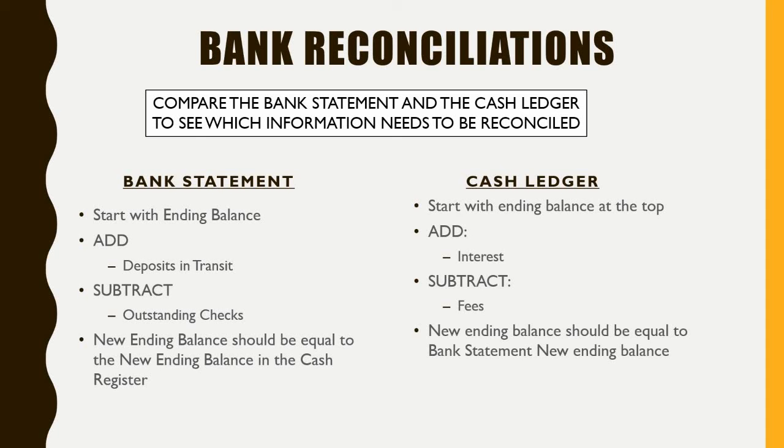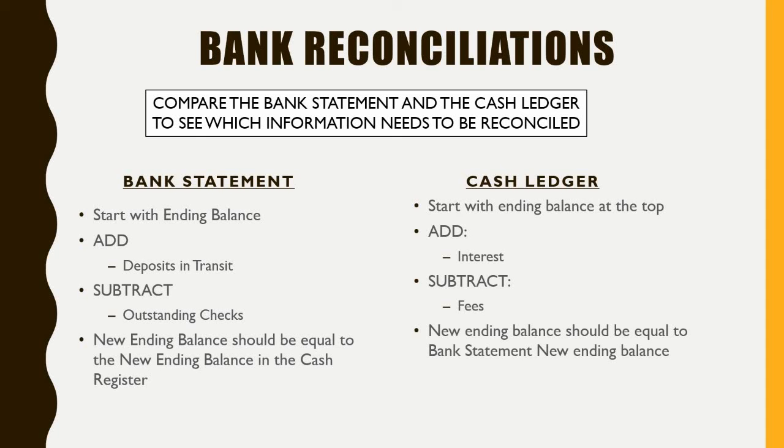Now, let's take a second and look at the cash ledger. You're also going to start out with your ending balance. Okay, that's always first. You're going to add any interest or any automated clearinghouse deposits that you've collected, right? Because that is income to you. That is money that is yours. Okay? And then you're going to subtract any fees.